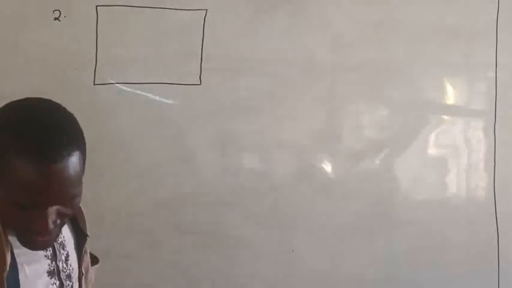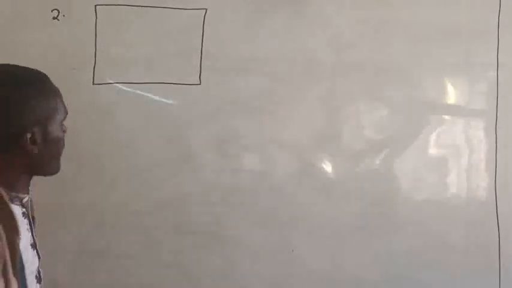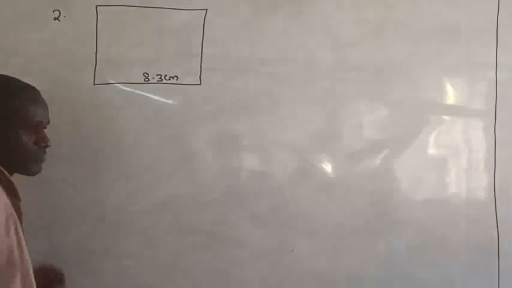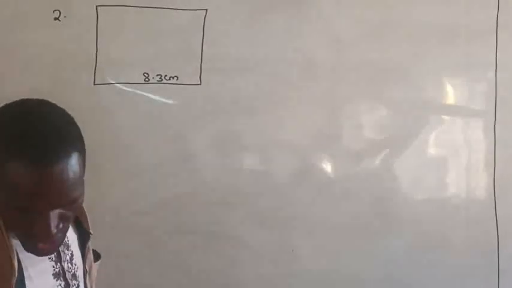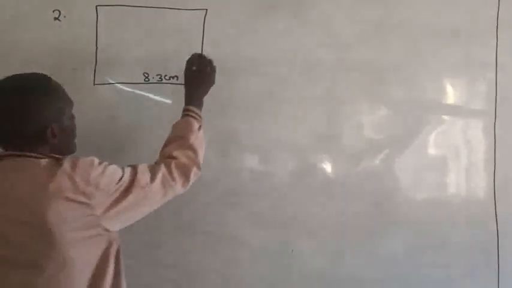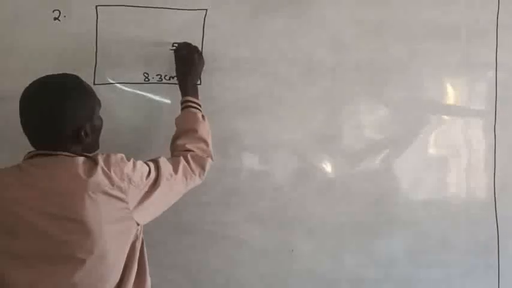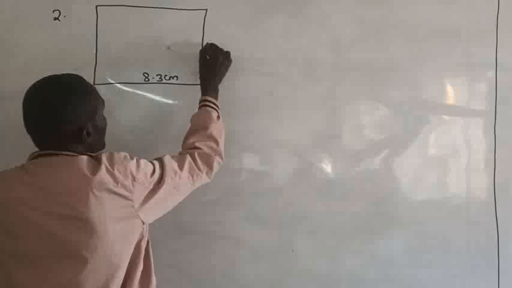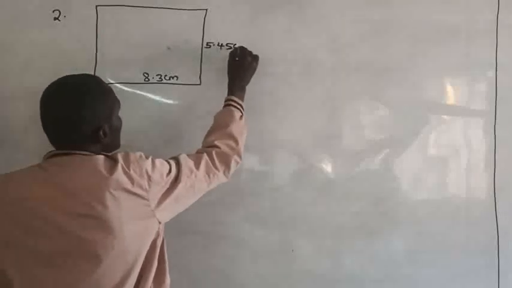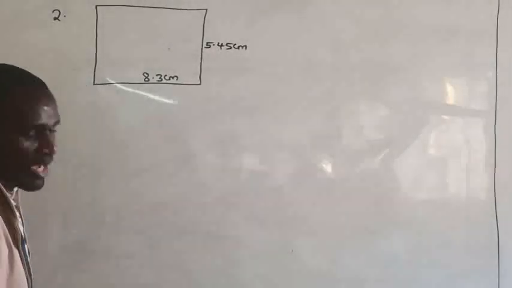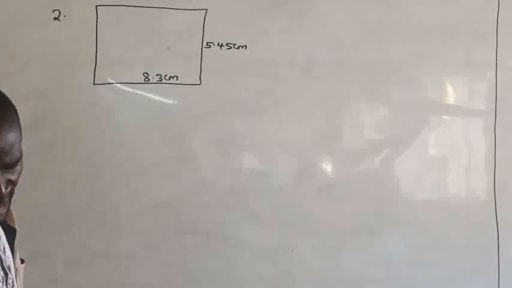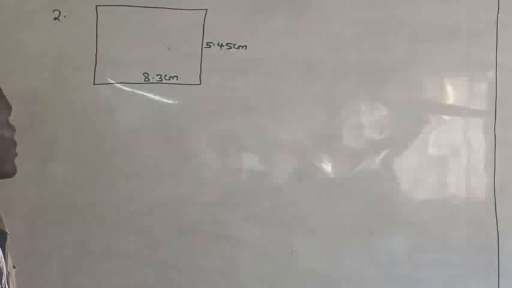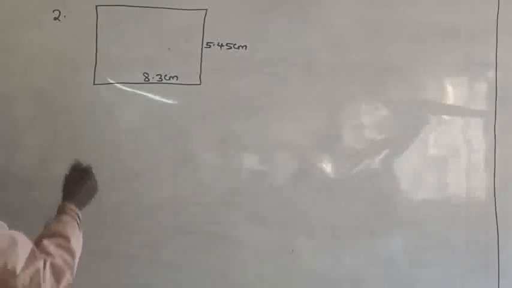You'll be told that the rectangle has a length measuring 8.3 centimeters and our width measures 5.45 centimeters. So this is our rectangle and its measurements are as follows. And we are told to get first the relative error.